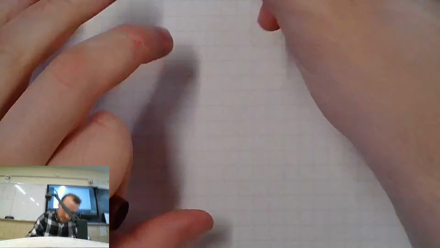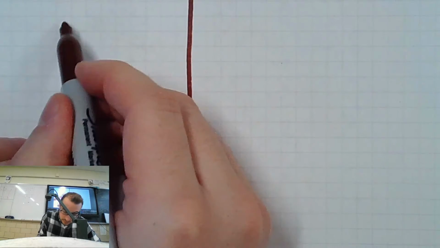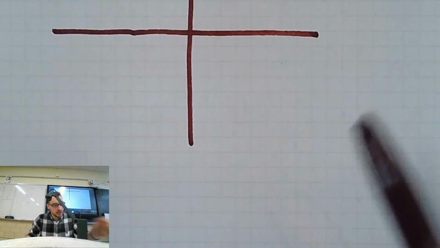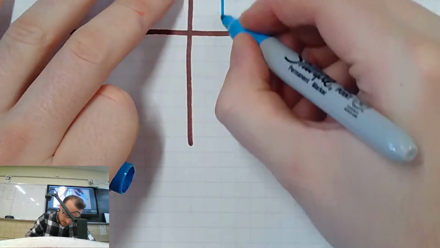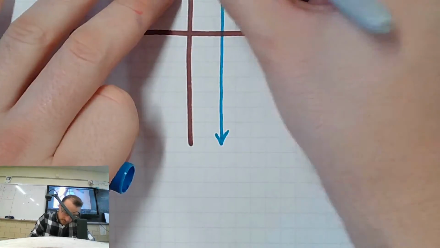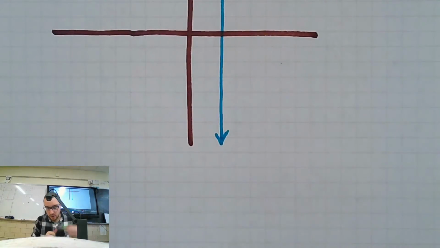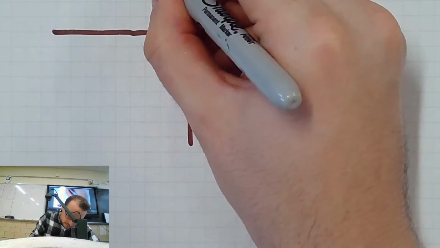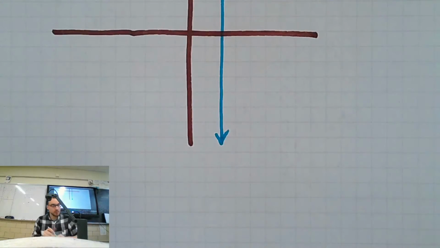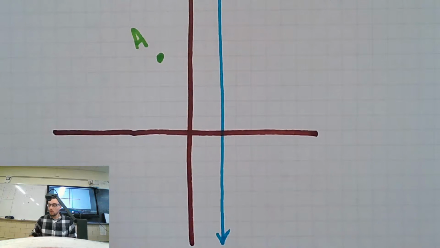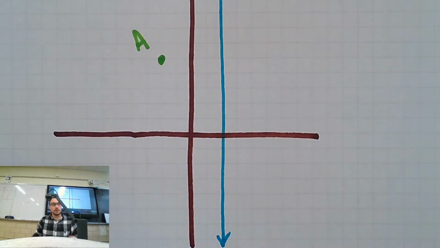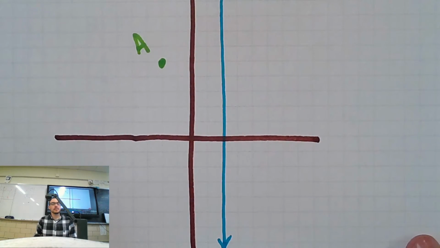Here's a coordinate plane. Here's my line of reflection in blue. Here's my point, my original point. Let's call it A. And I want to flip it across that line. Which way am I flipping the point? Horizontal or vertical flip? What kind of a flip will this be if I flip it over that line? Horizontal, right?